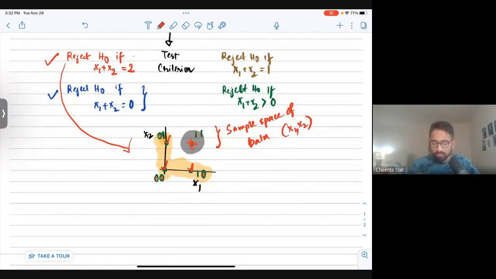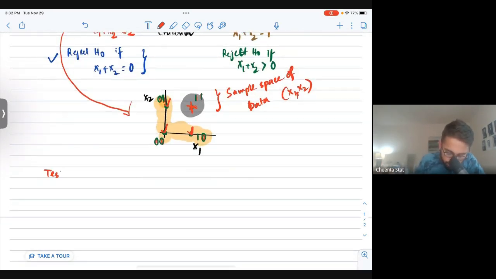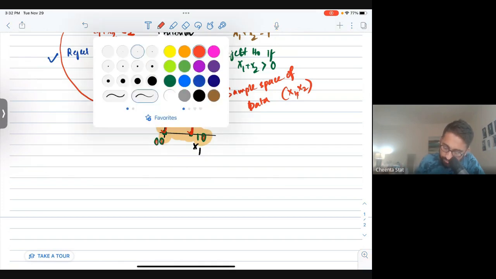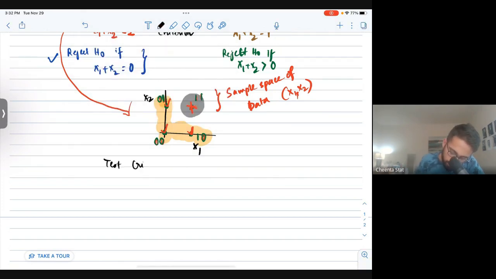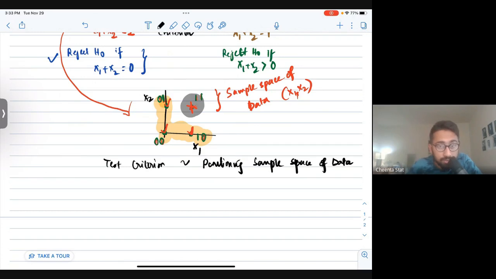So therefore the idea is that the test criterion is equivalent to partitioning the sample space of the data into two halves.